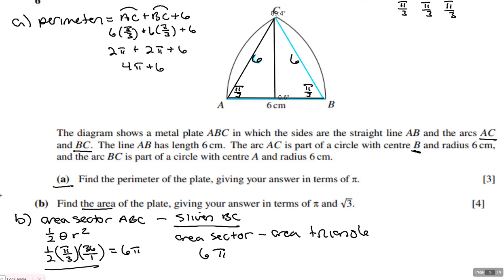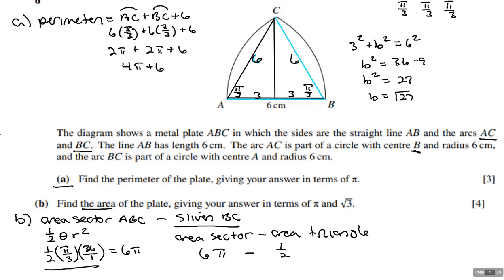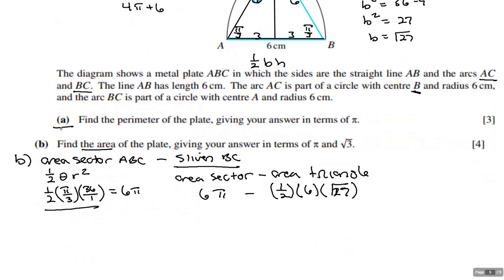So for the area of the triangle, there are a couple of different ways to do it, but you can draw a straight line and figure out that the height, using the Pythagorean theorem, is going to be not 5, it's going to be, let's see, square root of 27. Then you can do 1/2 times the base, which is 6, times the square root of 27. 1/2 times 6 is 3, and square root of 27 is 3 square root of 3.